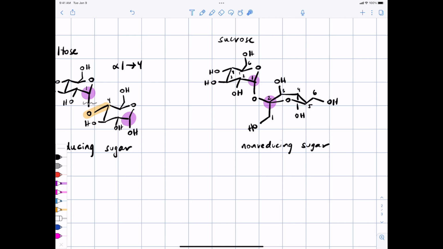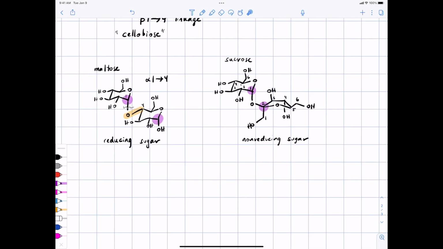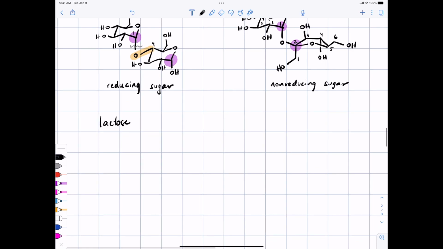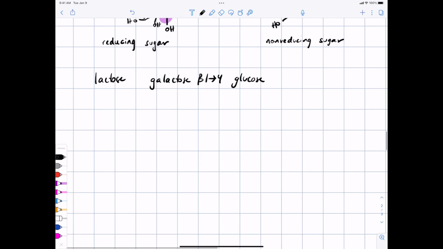Couple other carbohydrates we should talk about. And then I think we can be done. You've heard of lactose. Lactose is the beta 1,4 linkage between galactose and glucose. So we draw it this way. On the left, we're going to draw galactose.